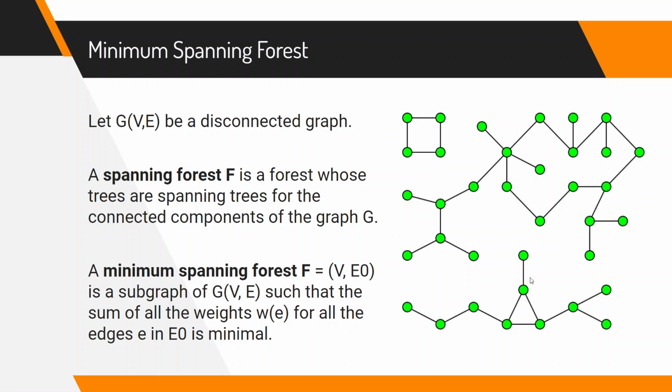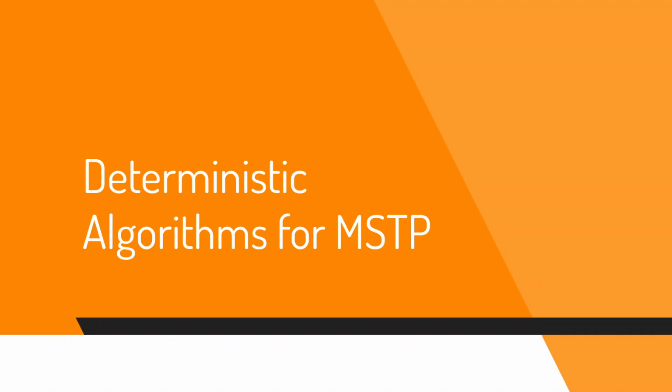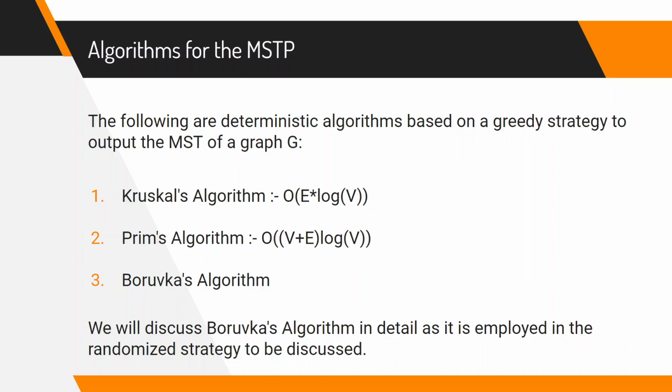Moving on, let's look at the deterministic algorithms for MST. Here are a few. First of all is Kruskal's algorithm. It is a greedy algorithm in graph theory, as in each step it adds the next lowest weight edge that will not form a cycle to the minimum spanning forest.